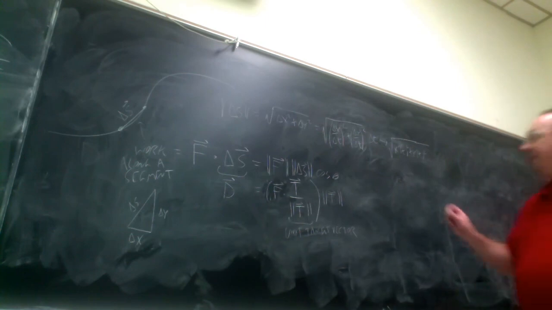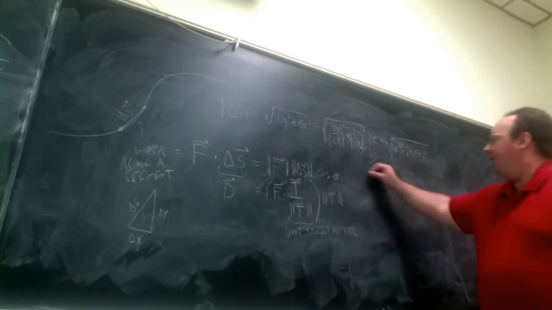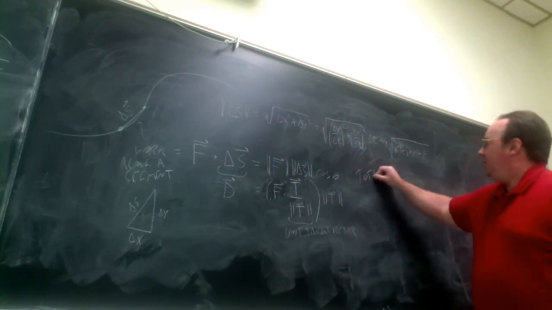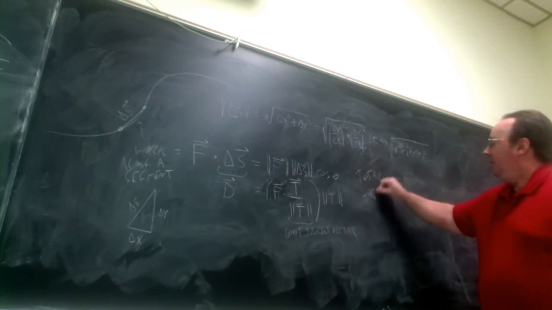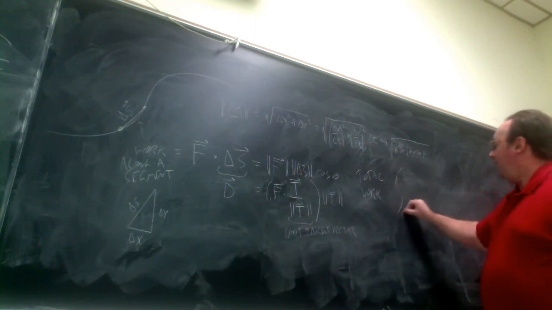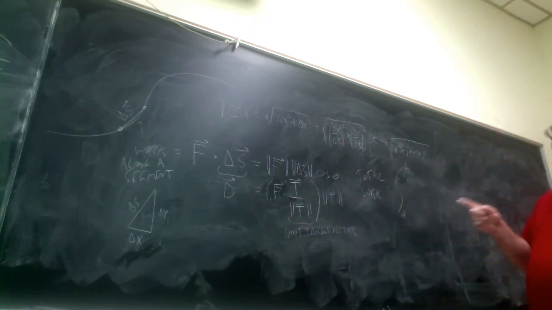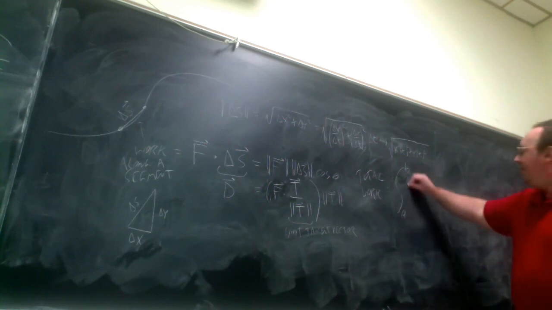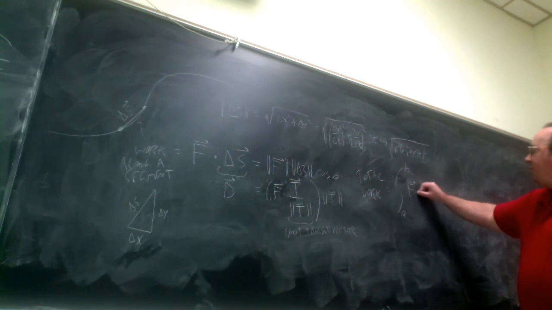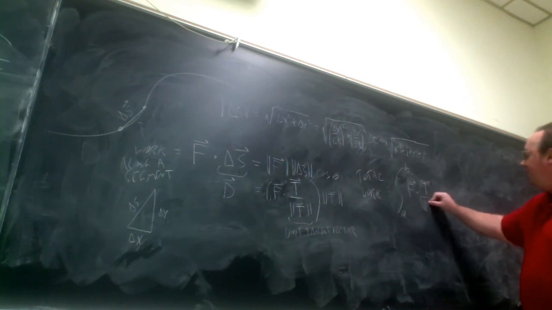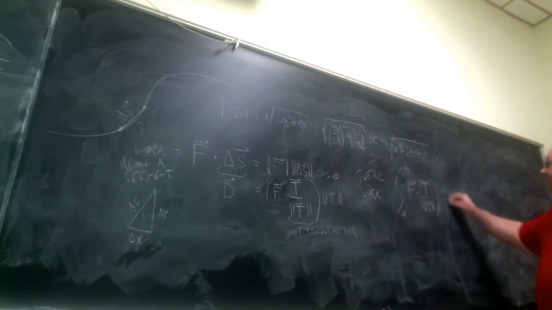So now if I add up the work done along all the segments, what I really have is the line integral from A to B, and now my integrand, which before was just a function little f of x, y, z, I would now have F dot product of the unit tangent vector, and all of this depends on x, y, z.